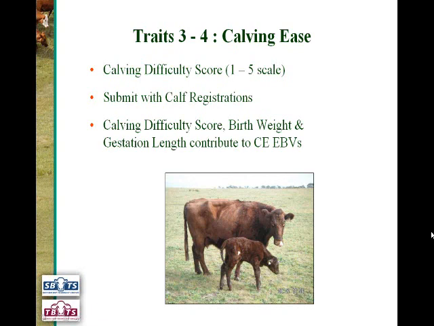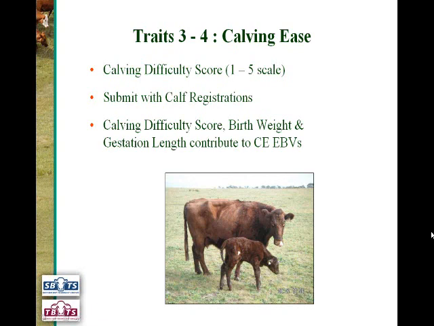The 3s and the 4s, so the hard pulls and the veterinary assistance, will be grouped together, so you don't need to worry if you managed to get one out but it was actually harder calving than the one where you got the vet out. And the 5s, the malpresentations, so the breech births and those types of things, will actually be removed from the analysis.